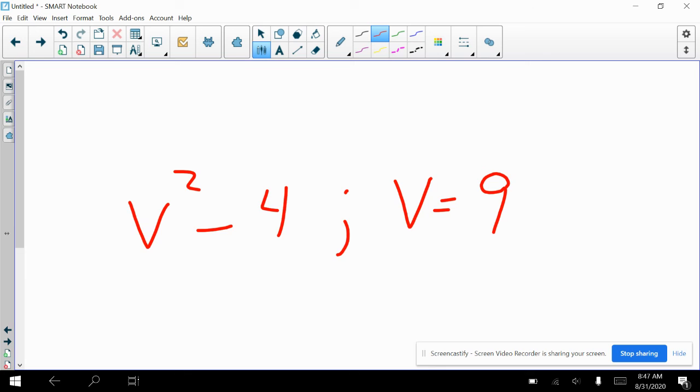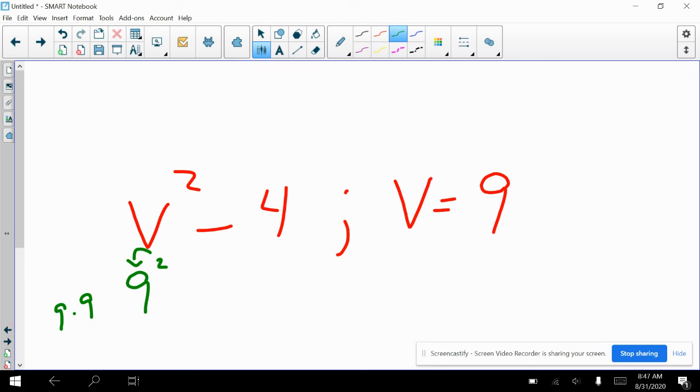Remember that, Grant? Okay, no, we don't want to multiply 9 by 2. The 9 goes in there, 9 squared. Okay, when you have an exponent, that exponent tells you how many times you're going to multiply the base number by itself. So this is 9 times 9.